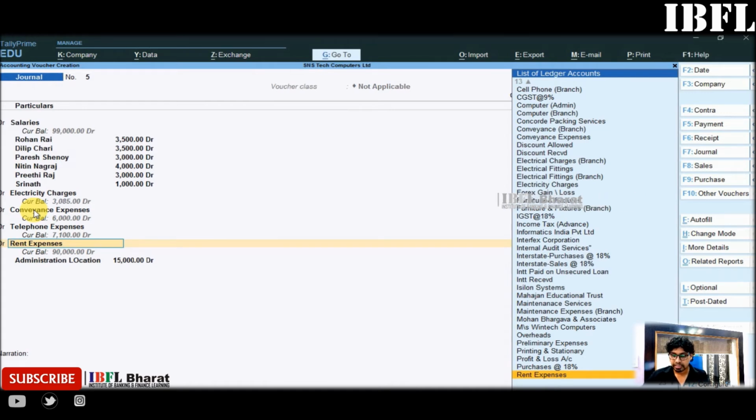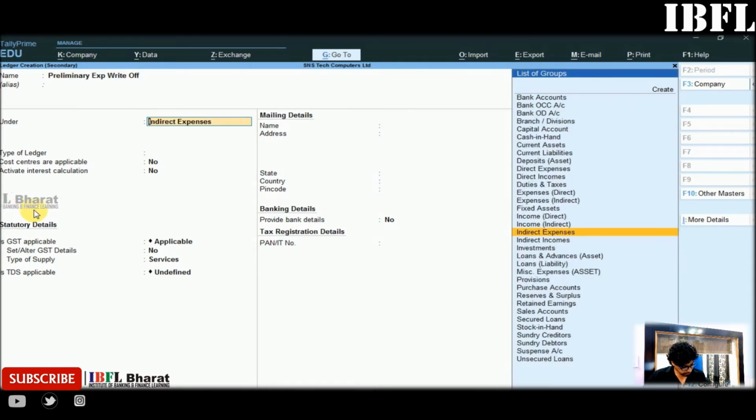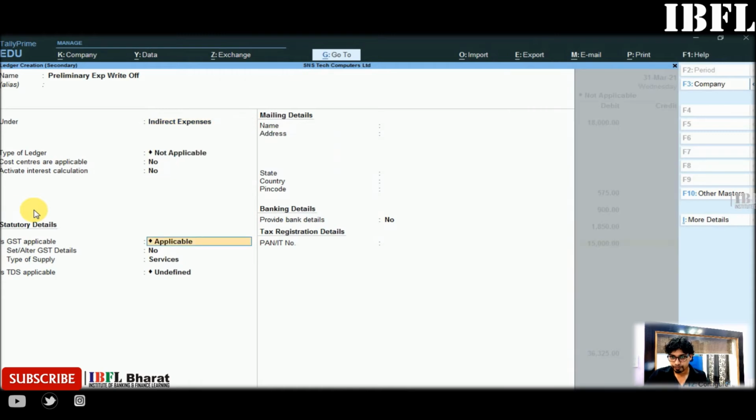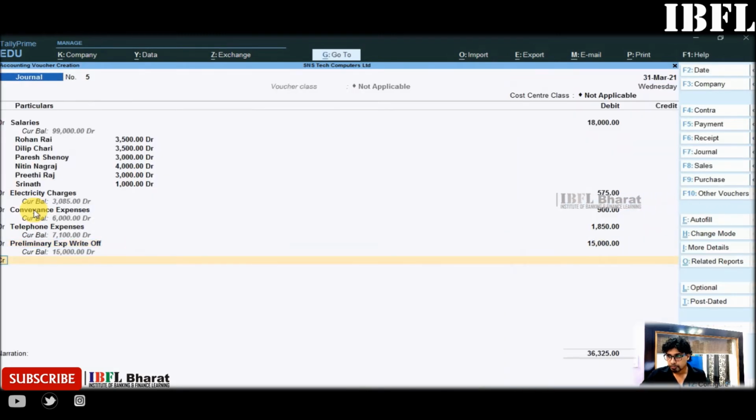We also have to write off the preliminary expenses. We will create a ledger, preliminary expenses write-off, and we are taking it in indirect expenses, not applicable. Preliminary expenses are 20,000 rupees. By 20%, 1 lakh rupees was the preliminary expense. We are writing off 20,000, which means 20%.